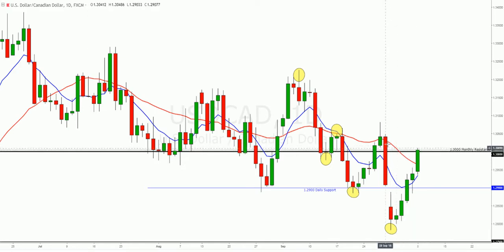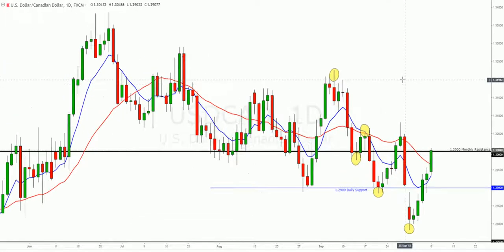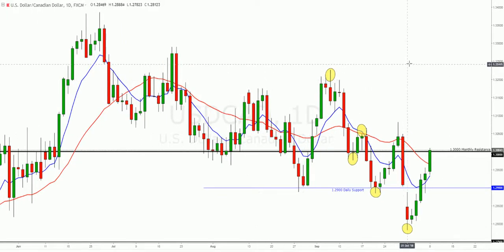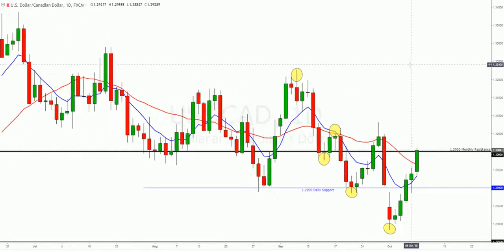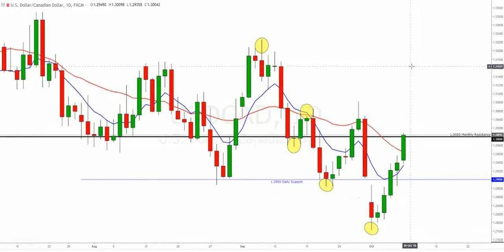We are slightly below the previous high. I would like to see a break of this before heading towards these highs at 1.32 and potentially even higher, 1.3250. But as I say, really got to watch this region.